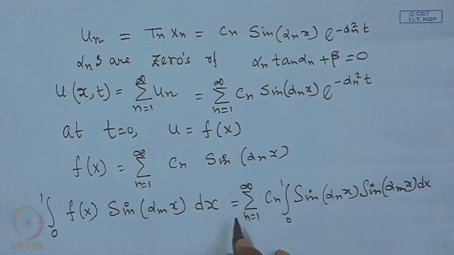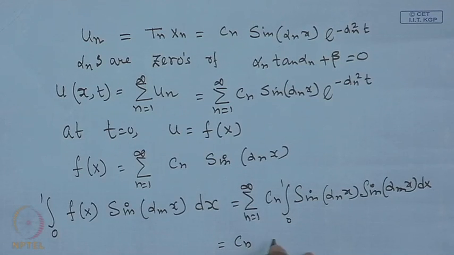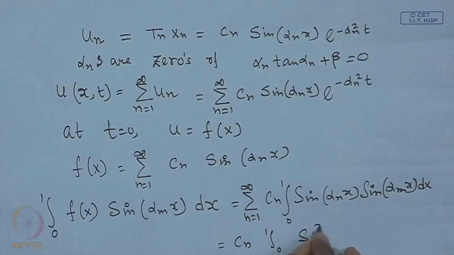If you open up this summation series, all the other terms will be 0 except the one term where m is equal to n, because of the orthogonal property, the sine functions will be orthogonal to each other. For m not equal to n, the integral from 0 to 1 of sin alpha n x sin alpha m x is equal to 0. Only one term will survive, when n is equal to m, that is the integral from 0 to 1 of sin square alpha m x dx.